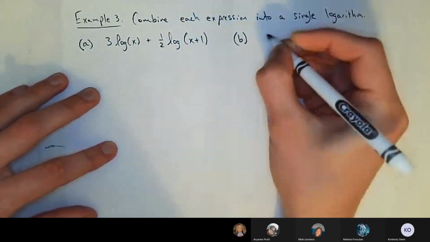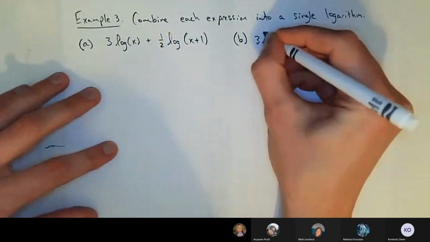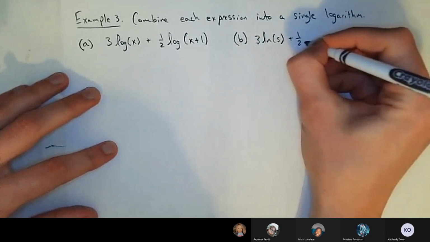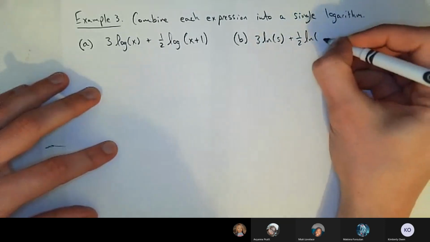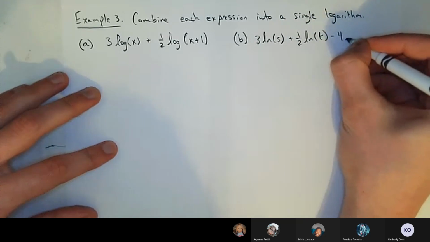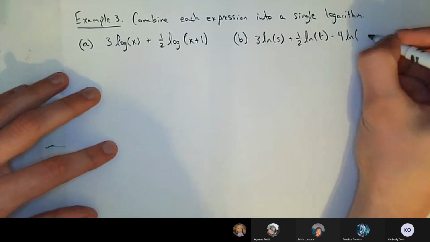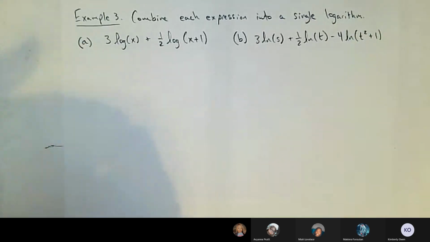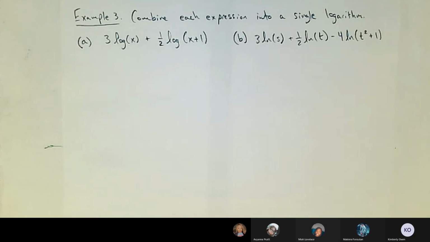And part B is 3 natural log of s plus 1/2 natural log of t minus 4 natural log of t squared plus 1.